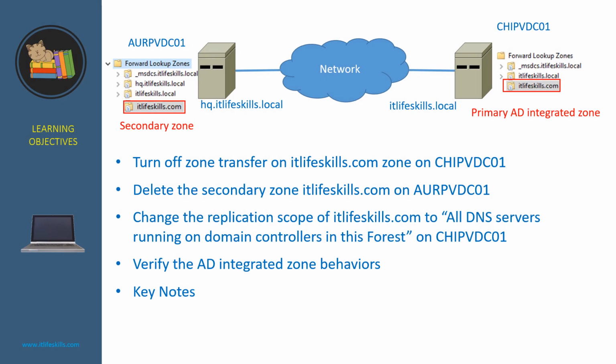To fully understand how AD integrated zone works, in this lesson, we will first turn off zone transfer on itlifeskills.com on GPVDC01, then delete the secondary zone itlifeskills.com on OPVDC01, then change the replication scope of itlifeskills.com to all DNS servers running on domain controllers in this forest on GPVDC01.